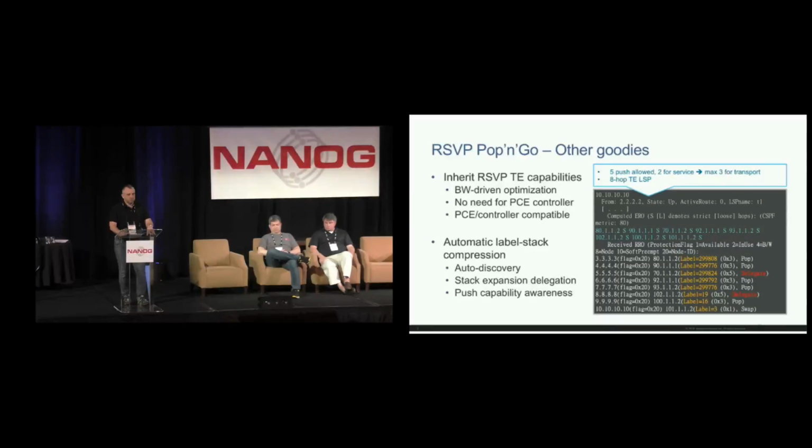The option is that a node on the way needs to be an agent and take delegation of the stack expansion. One of the challenges is how to find it. And in RSVP, because it creates state and every node on the way is exposed to the control plane, this extension allows us to auto-select and delegate Pop and Go.